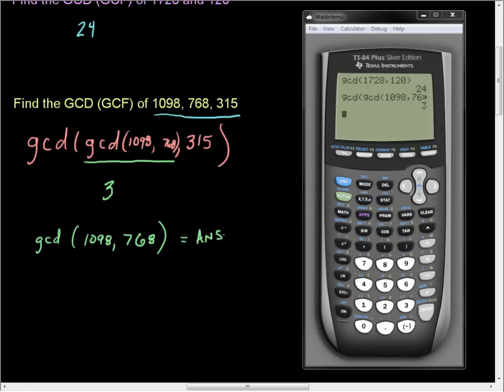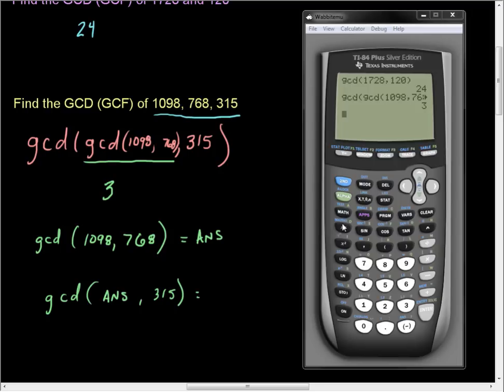I'll call it ANS, because we have an ANS key on the calculator. On the next stroke, immediately underneath that, I'm going to find the greatest common divisor of the answer to the previous question and 315. And I can keep doing this for however many numbers I need.